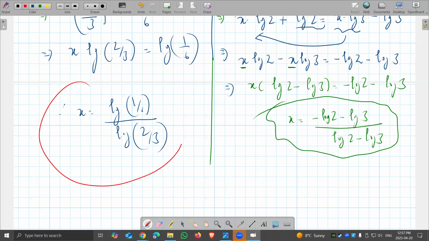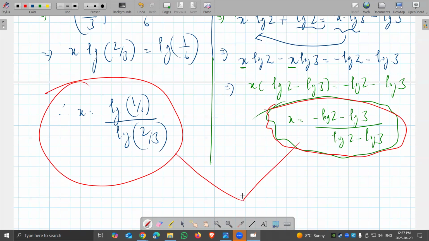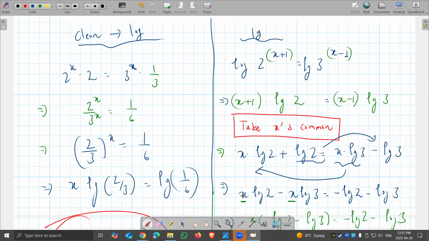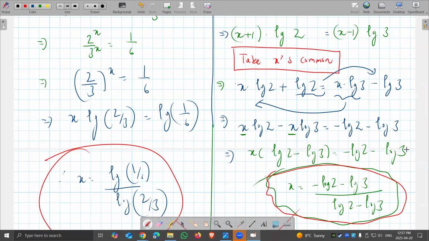And if you plug this number into a calculator, you can do that on the side, they're equivalent. Which method is easier? Definitely this one. This one, there's more room for error. But ultimately, it doesn't really matter because the answer will be the same.